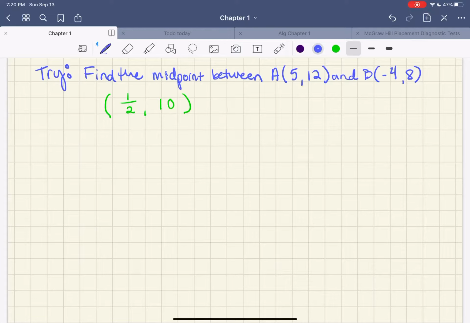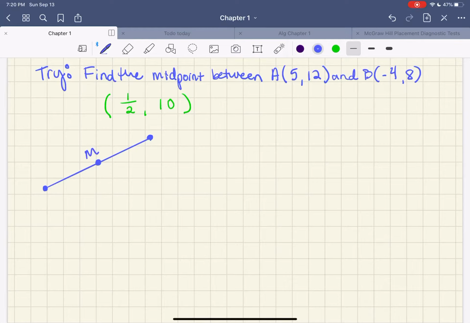So, finding coordinates of an endpoint. The best thing I can do is draw a picture. I have my segment here, and I know my midpoint.